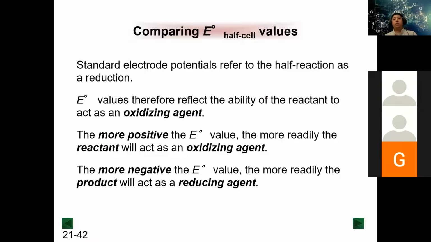So let's go ahead and compare this information. Once again, the more positive the value is, the more likely it will undergo reduction. In other words, it is acting as an oxidizing agent. It's going to cause the other thing to undergo oxidation. So if you want to remember by lunch money, it's the one causing the other one to give up its electrons. It says, give me your electrons. Okay. The more negative one is the one that will act as the reducing agent.